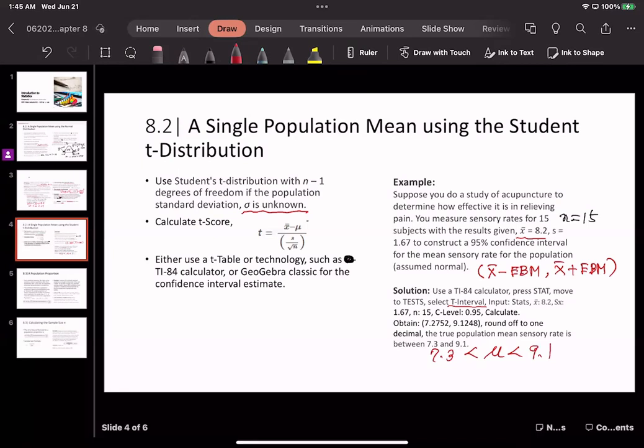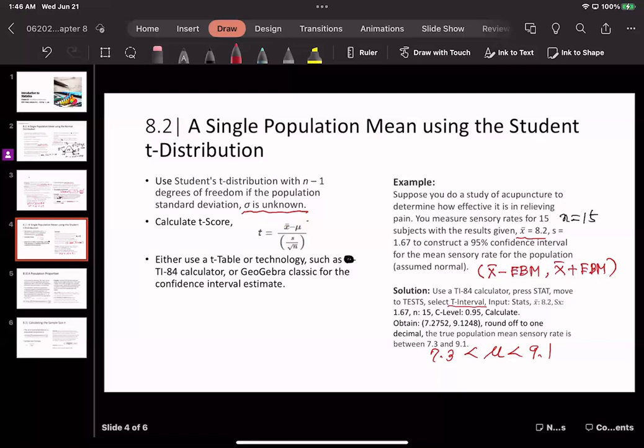So when we apply a t-distribution using the critical value, the t-score, we can use a table or use technology.